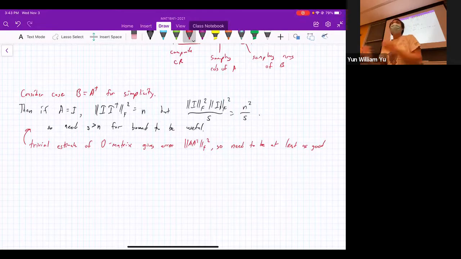Because then you may as well just take all of them. So if you have this uniform distribution, we'll see in a little bit that where we shine is when most of that mass is concentrated in a few singular values. And if that's the case, then our sampling method will be better.